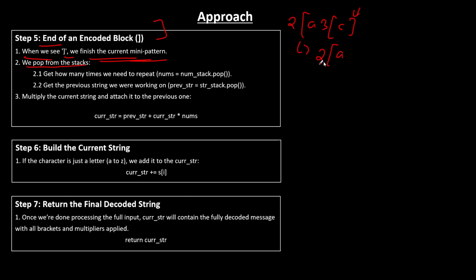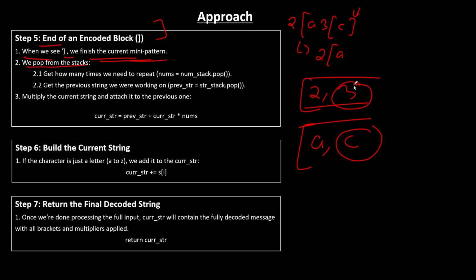Whatever we have saved in the stack till now, for example, we had 2, then 3, right? In one of the stacks, and in another stack we had a, then we had C, right? What we do? We pop the C, we pop the 3, right? We multiply this character with this: current string multiplied by num.